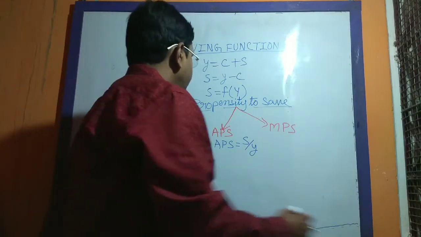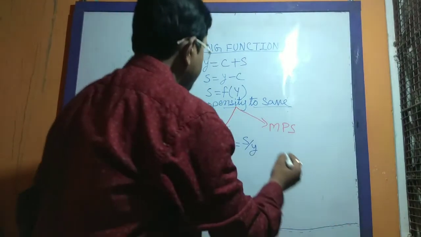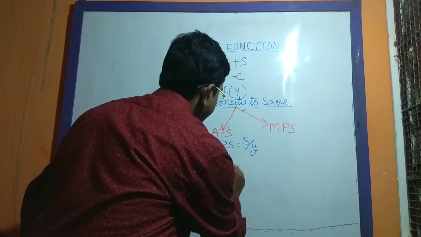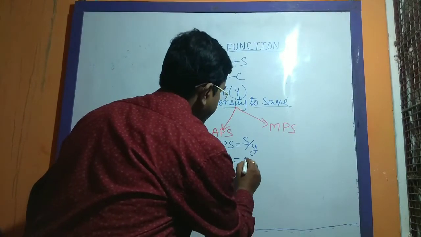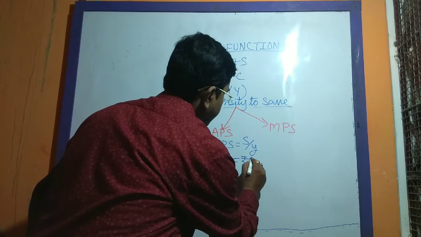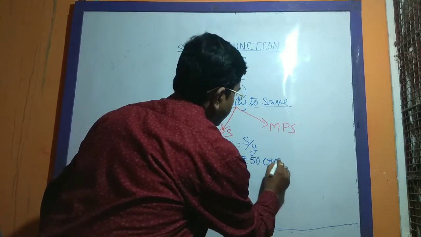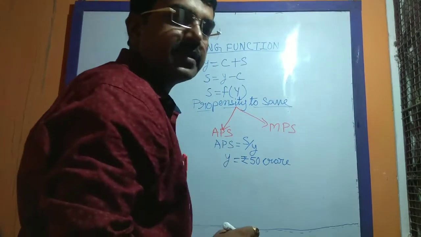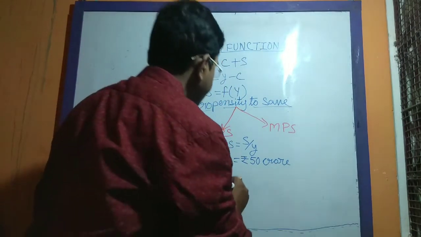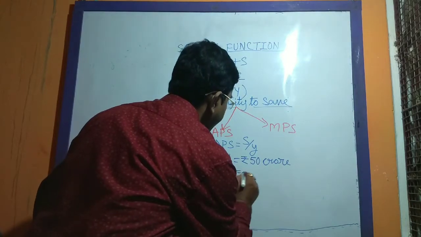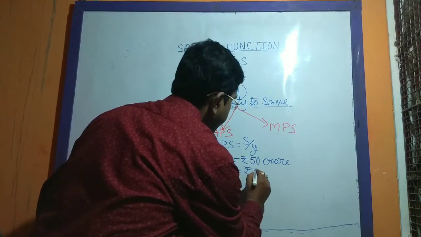Let us take one example. Suppose in an economy, income, or national income, is rupees 50 crore.